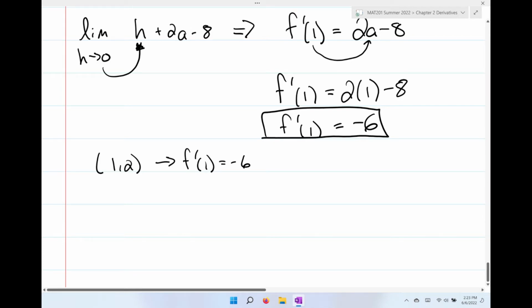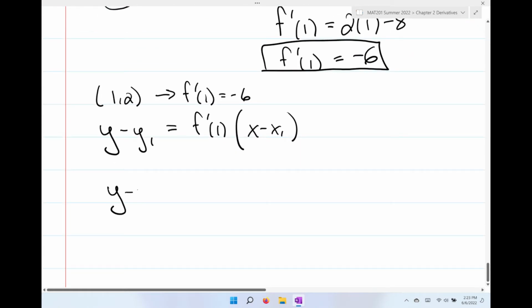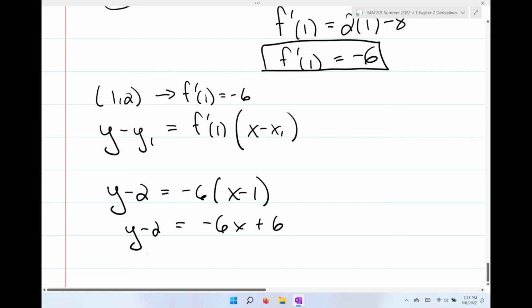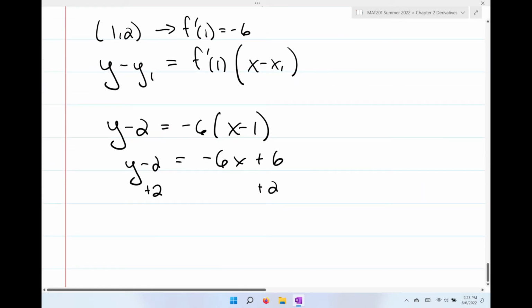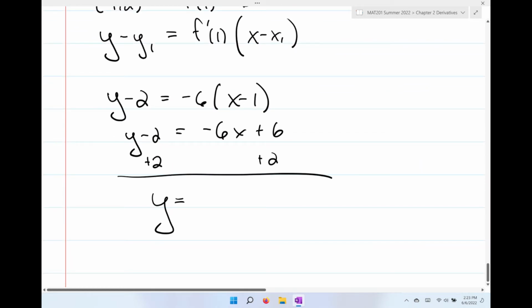We can then say y minus y1 equals the derivative evaluated at 1 times x minus x1, so y minus 2 equals negative 6 times x minus 1. With a little bit of algebra, y minus 2 equals negative 6x plus 6. Then we add 2 to both sides to give us y equals negative 6x plus 8.